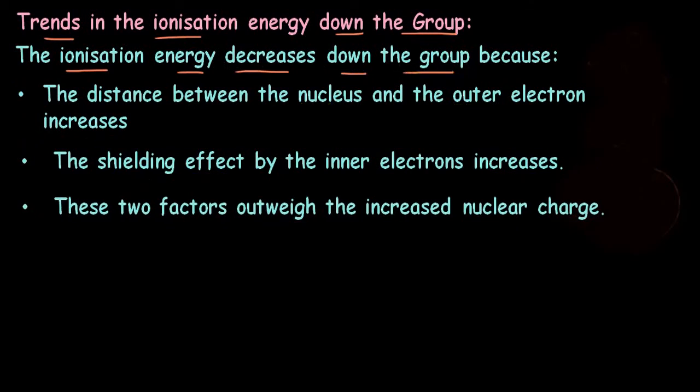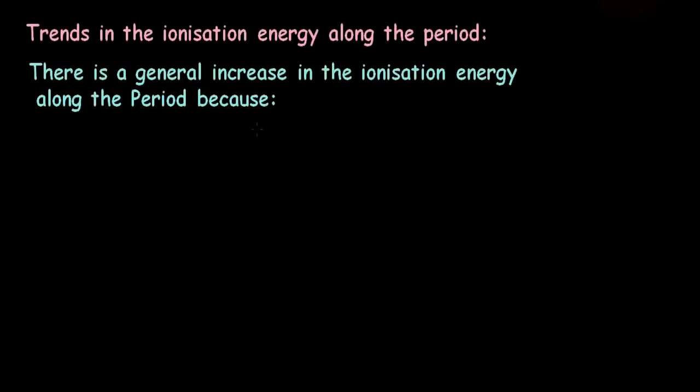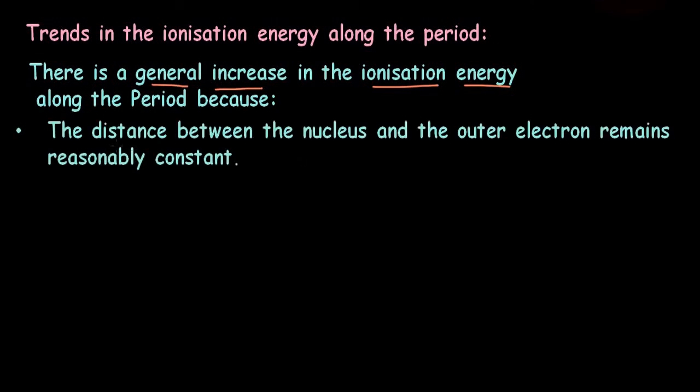Now let's also study the trend in the ionization energy along the period. Along the period, there is a general increase in the ionization energy, and we have seen this in the elements of the second period. The first reason is the distance between the nucleus and the outer electron remains reasonably constant.